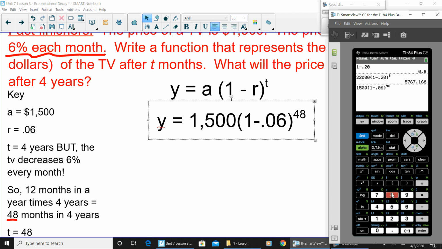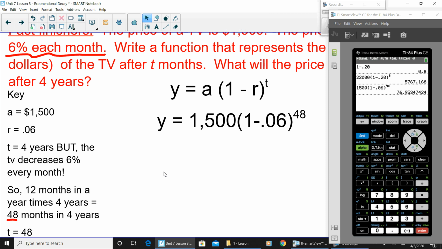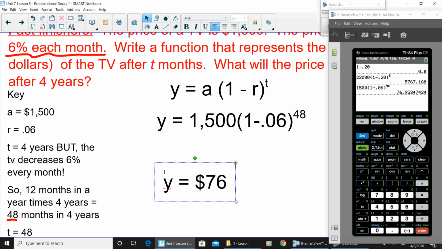The T is 48 months, and then you press enter, and this is what you get. Y equals, the TV is worth $76.95. Congratulations.